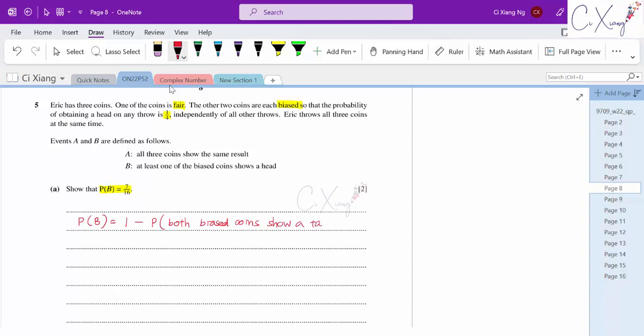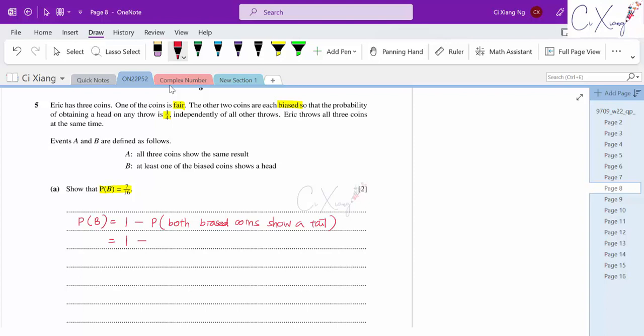Instead of trying to find the 2 cases where at least one of them shows a head, right? So how about we find out both biased coins show a tail, and I take the total probability 1 minus this event. Okay, so I'm having 1, then minus.